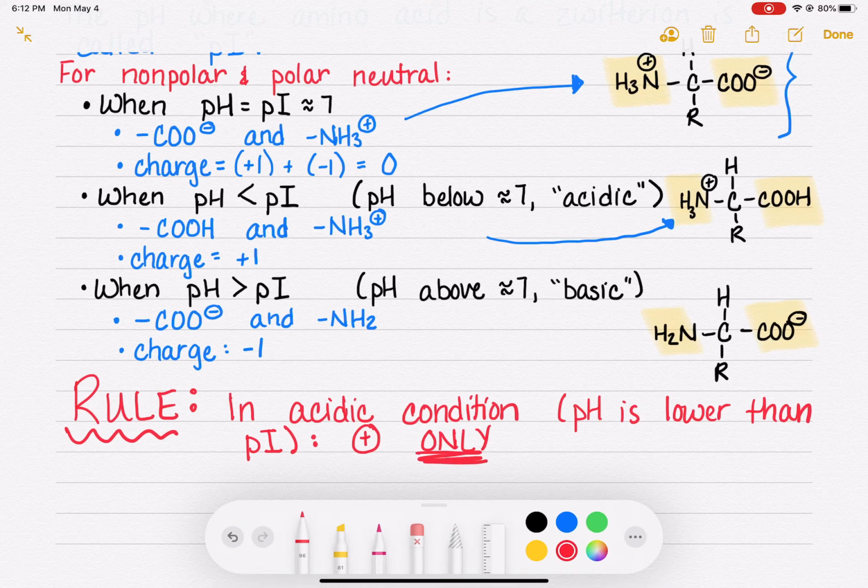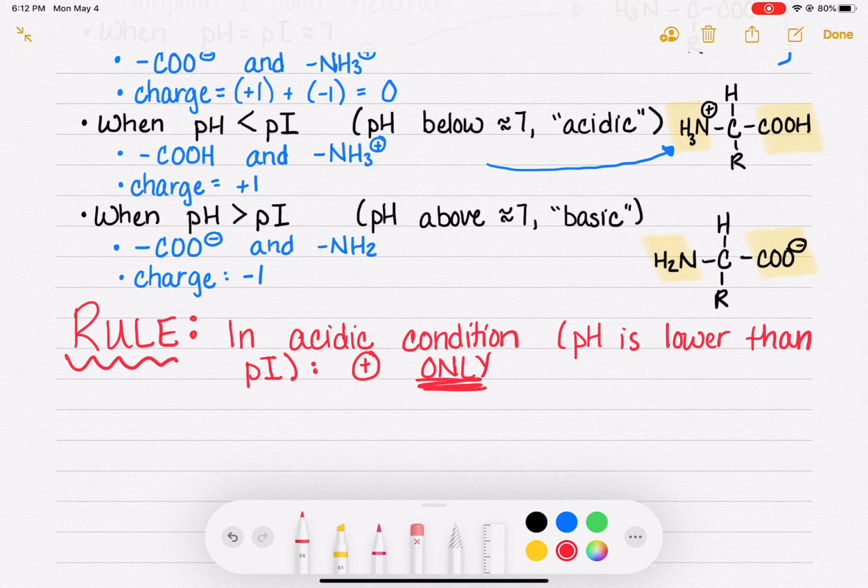So we will never see negative charges when we are dealing with acidic conditions.